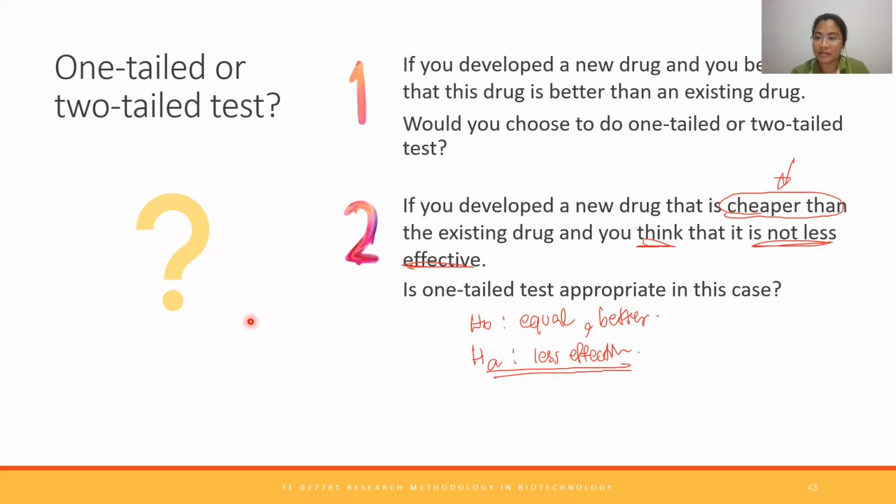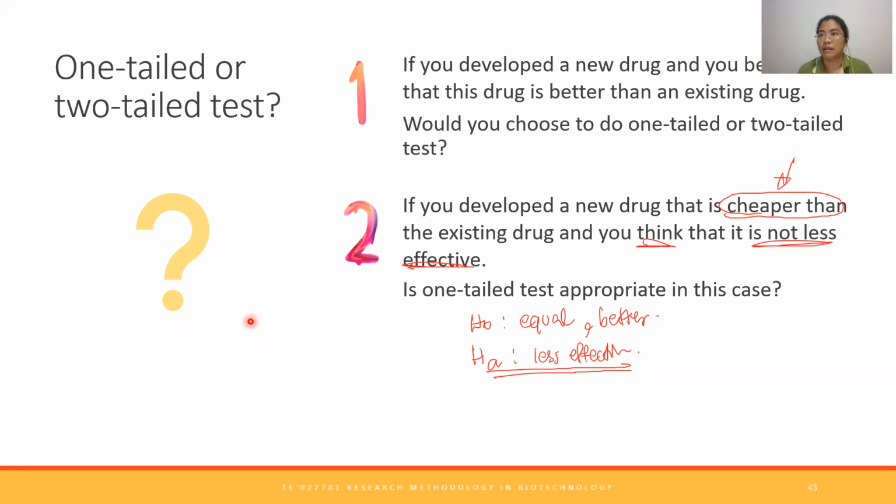That means that if it is not less effective, or if it is as good as the old drug, you think it is good already because it is cheaper. Unlike the first case, where you are developing a new drug and you think that the new drug is better, so you neglect the possibility that it is equally effective to the old drug. Okay, but the question 2 indicates that it is cheaper.